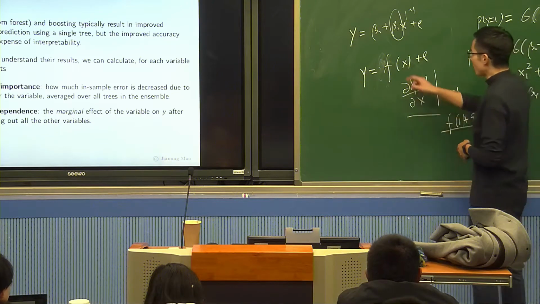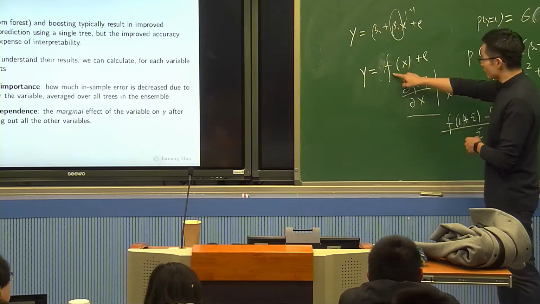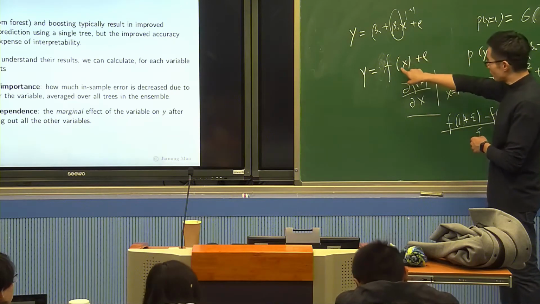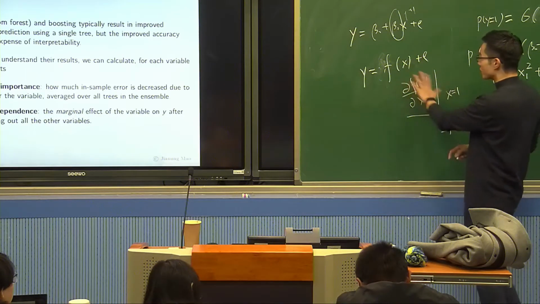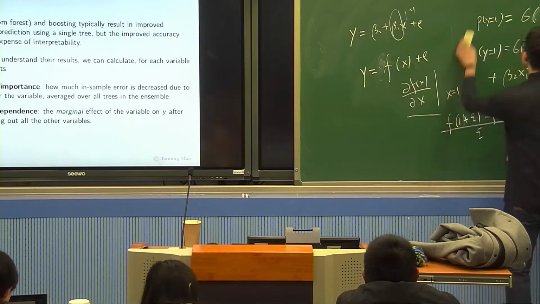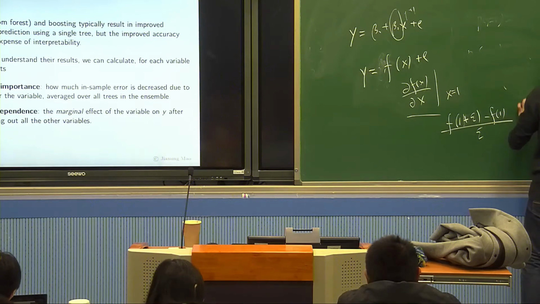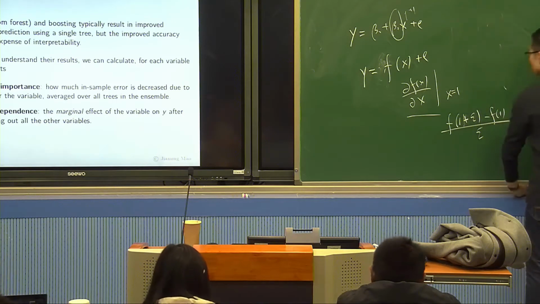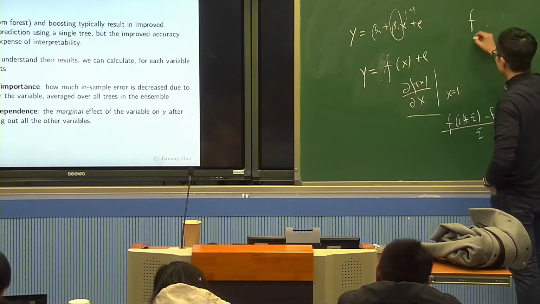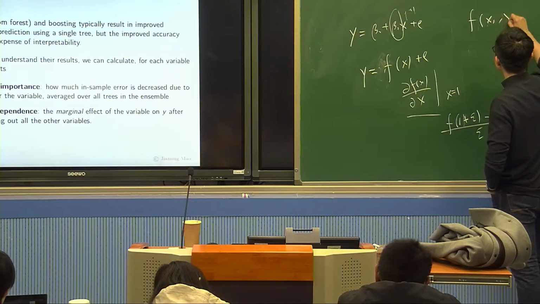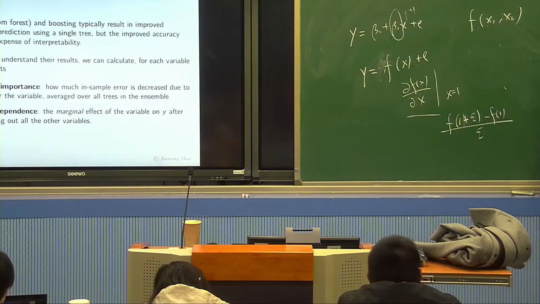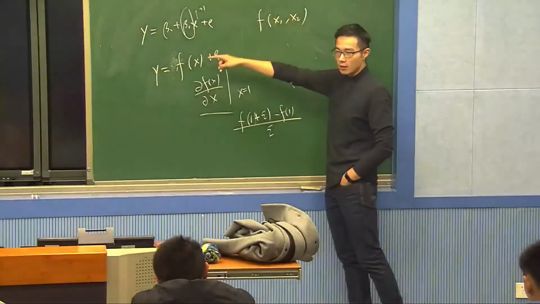Now, if f is multidimensional, it's not a function of one x. Here I'm assuming x is one dimension, right? But what if x is multidimensional? What if it's x1, x2? If that's the case, what is the effect of x1 on y?